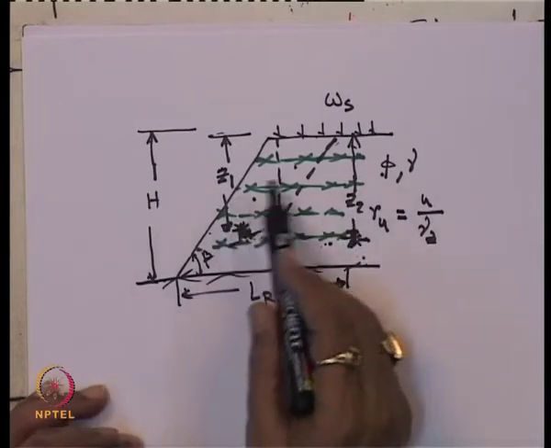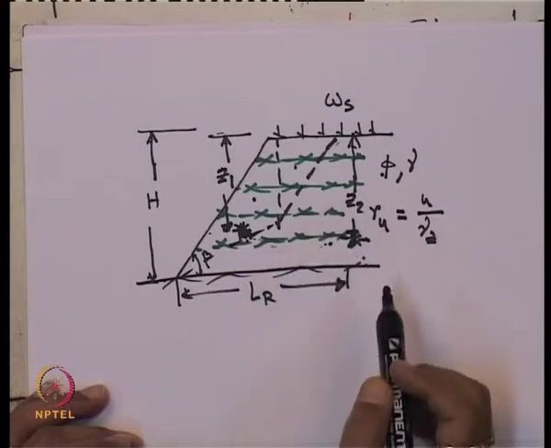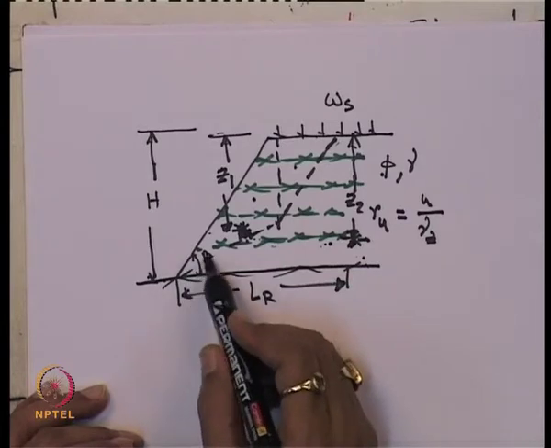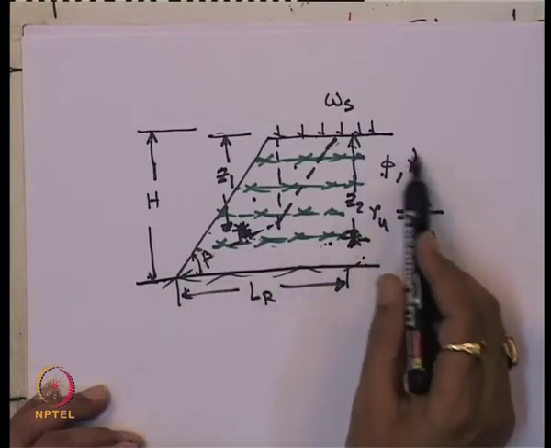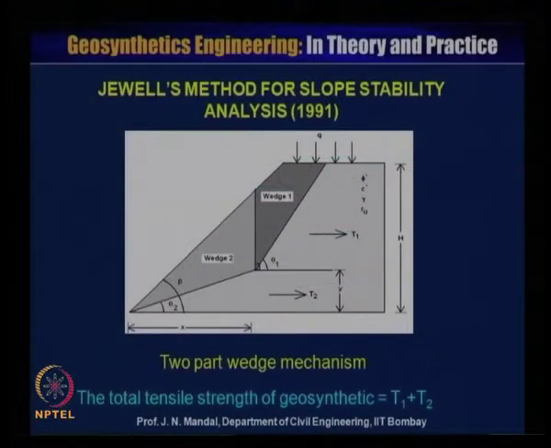Now, here Jewell developed a number of design charts for varying pore water pressure, slope angle, and soil properties. So, now you can see here Jewell's method for slope stability, and this is the two-part wedge. This is wedge 1 and this is wedge 2, and the slope angle is beta.